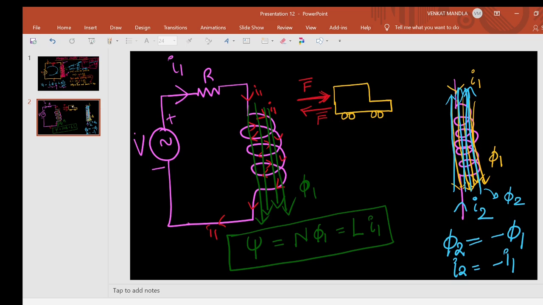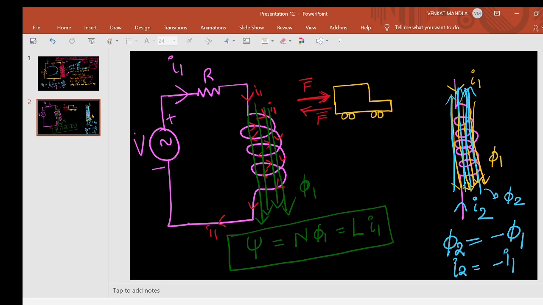But in order to produce this pi 2 flux in the upward direction, a current must be there because the flux must be produced by the current. So current must move from downward to upward direction, by using the right hand thumb rule. This is the concept actually.